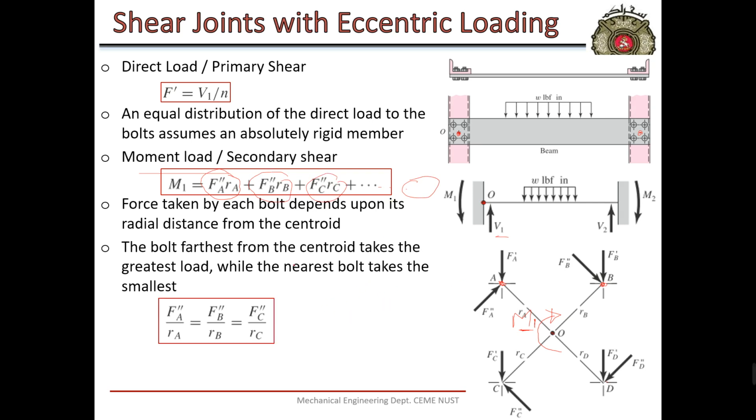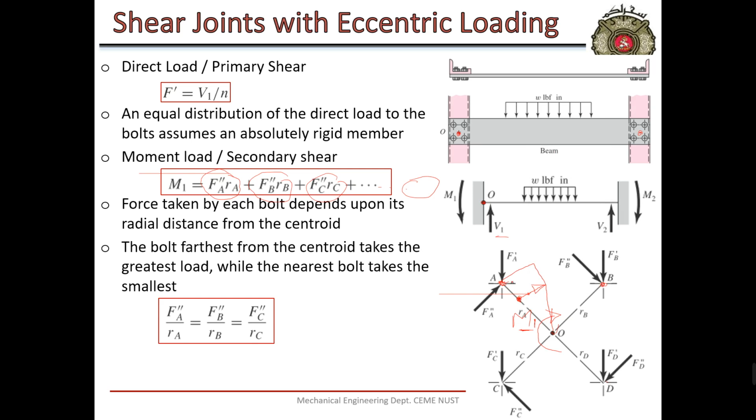Also, we know from trigonometry, the further the distance. For example, if we take a rivet at a distance at this point, the force resisted by that rivet to resist that moment will be equal to this force.